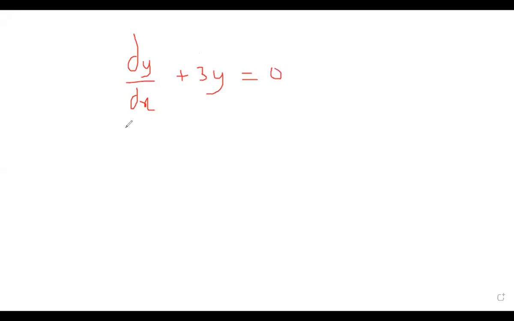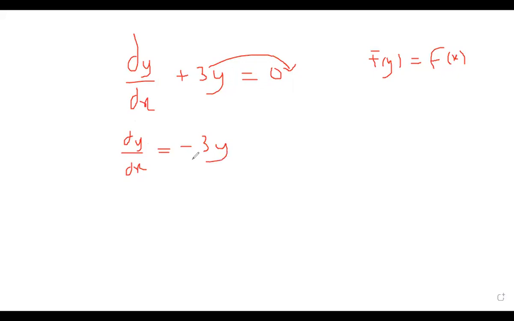So what do we want? We want to have a function of y on the left, and then a function of x on the right, so we can apply the integral. So this has to go this way. Once we do that, we get dy/dx is equal to minus 3y.